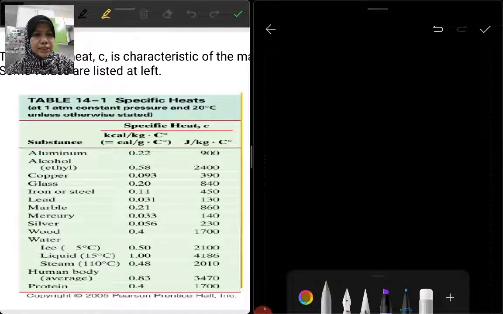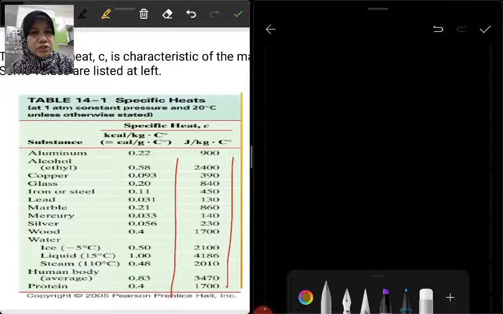Look at this column. This column shows the value of specific heat capacity for each of the substances listed here. So you don't have to remember all these values because you are given these values, or you are asked to find the value.